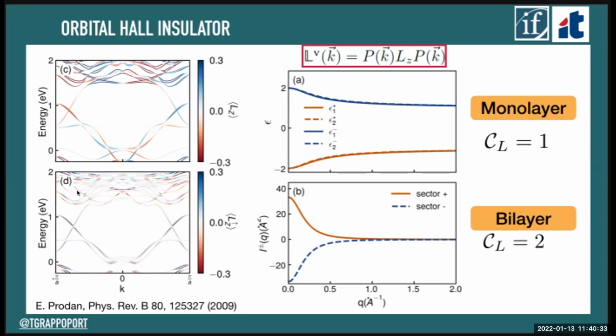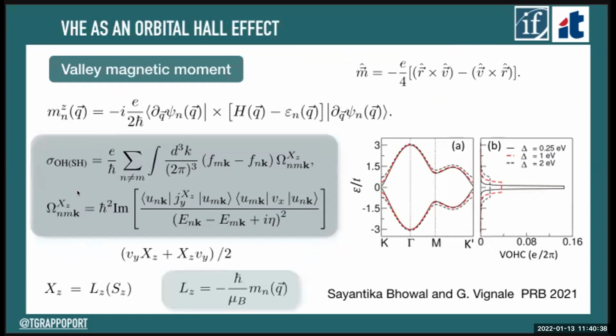But still, there is a problem, in my opinion, with the whole definition of the Valley Hall effect, because there is no clear observable for the Valley Hall effect, right?